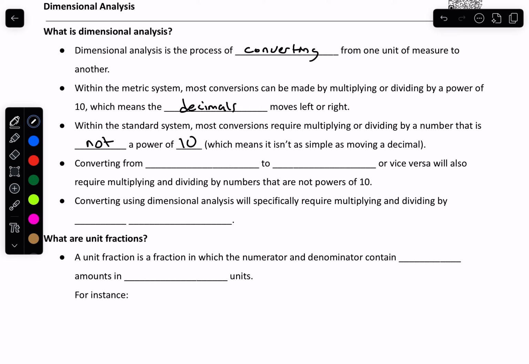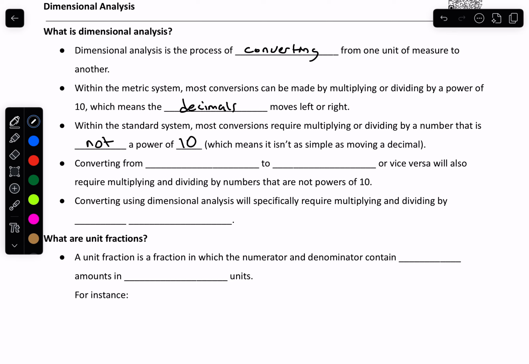So it's not as simple as just moving the decimal place to the right or left. Instead, we're going to have to know some actual conversions between units, which is what makes the standard system harder for most people. You have to remember more, not just the prefixes that we saw in the metric system, but all these different conversion amounts.